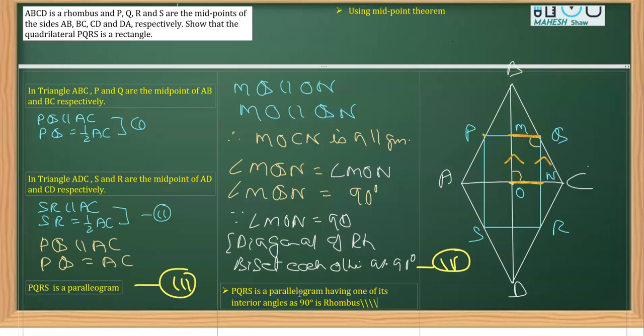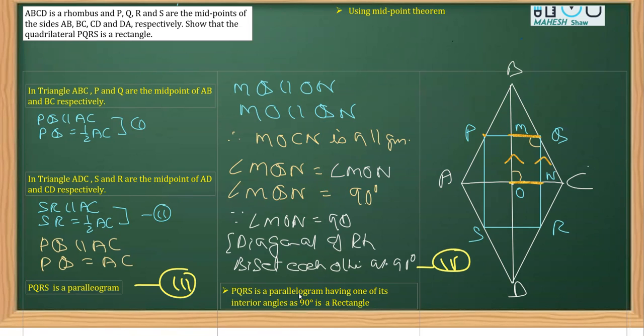Oh, sorry, rectangle, not a rhombus. A parallelogram whose one angle is 90 degrees is a rectangle. That is what should be our final statement.